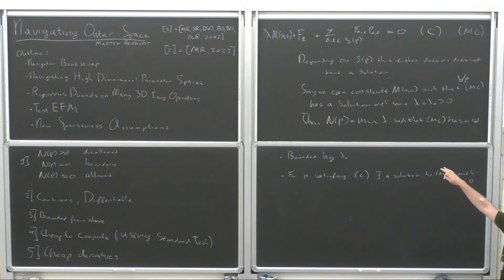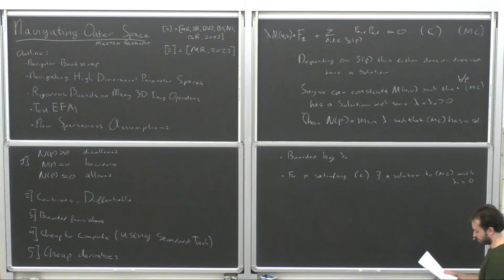Because if you set lambda to 0, then that's just the original equation.